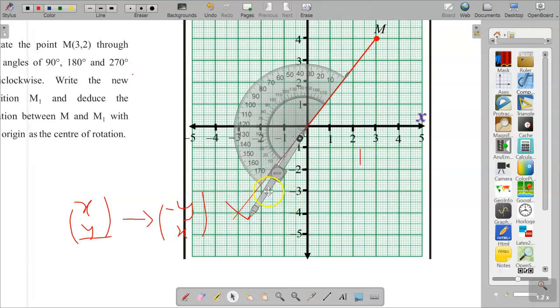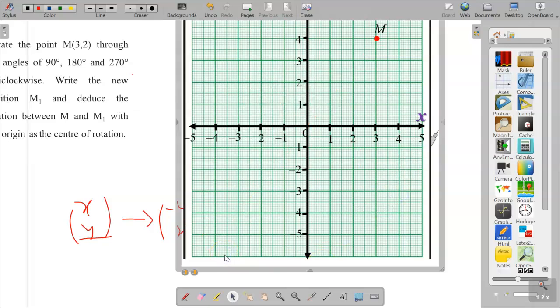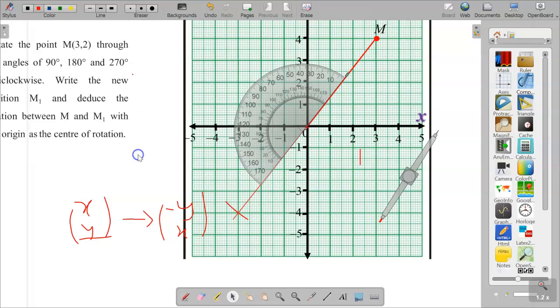Right, so now that we have this, we can position our point M prime, and this M prime now becomes -3, -4.